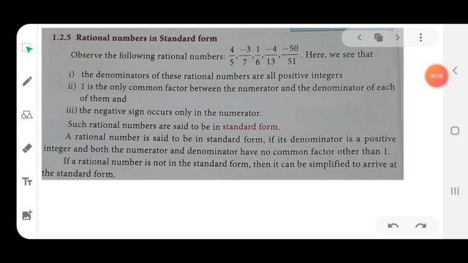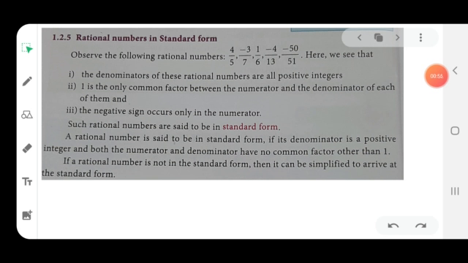Second, 1 is the only common factor between the numerator and the denominator of each of them. So for 4 by 5, the common factor is 1. For 3 and 7, the common factor is 1. For 1 by 6, the common factor is 1. For 4 and 13, the common factor is 1. And for 50 and 51, the common factor is 1. They don't have any other common factor other than 1.